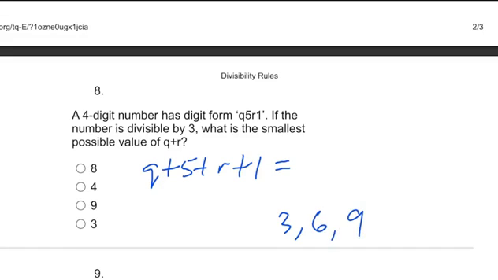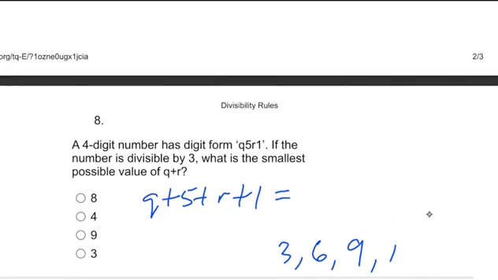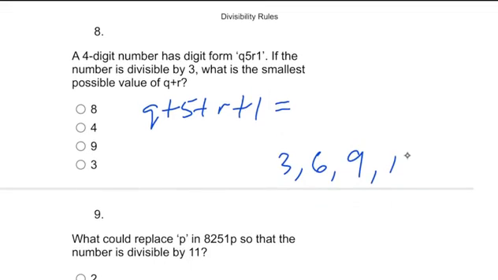The numbers that are divisible by 3 are 3, 6, 9, 12, and so on. So we are now going to look for the smallest one. It can't be 3 because if you have 5 and 1 together, that gives 6. It cannot be 6 either, because R and Q are numbers that can be, if you put 1 and 1 there, it's more than that.